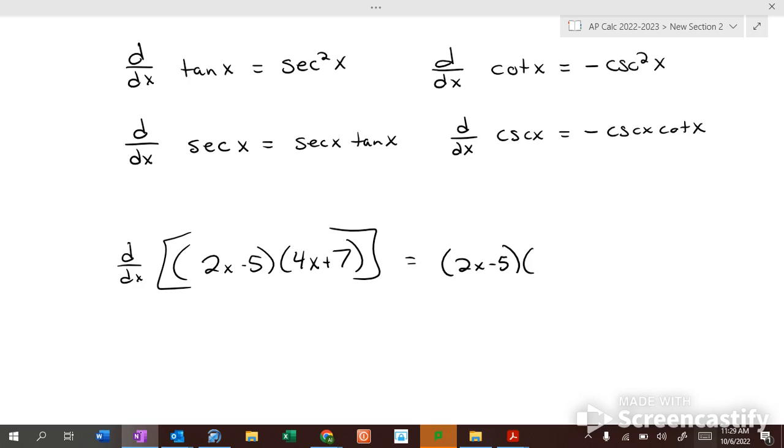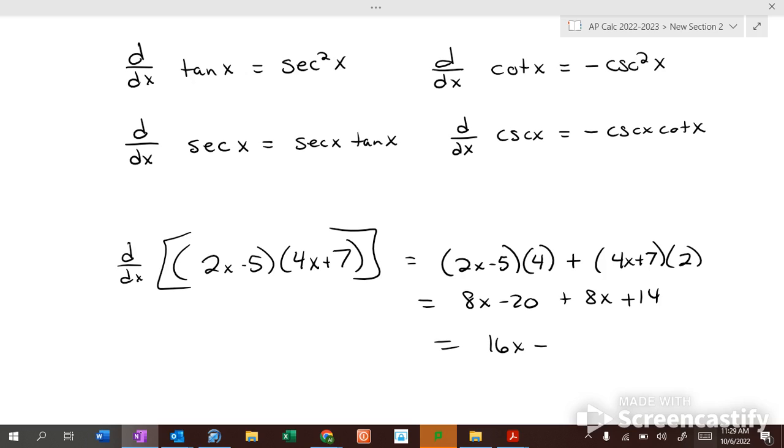What's the first derivative of 4x plus 7? 4. Plus the second, 4x plus 7, times the first derivative of the first, which is 2. So we get 8x minus 20 plus 8x plus 14, which gives you 16x minus 6.